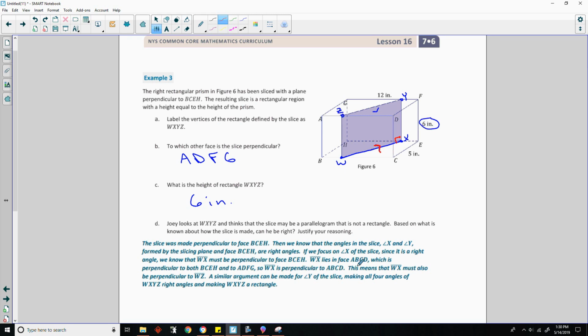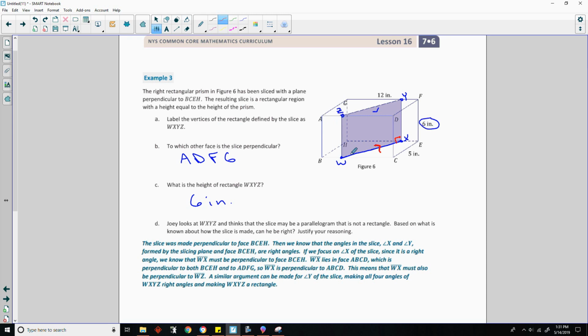I already marked that right there. WX, this line segment that's formed by the intersection of the vertical plane and the base, lies in face ABCD, which is perpendicular to both BCEH.